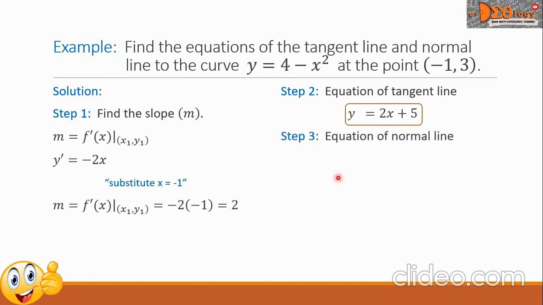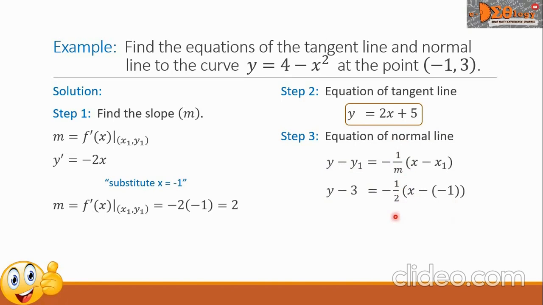Now for step 3, let us find the equation of the normal line. So this is our standard form, and on this part, we are going to write the negative reciprocal of the slope here. Substituting the corresponding values, we have now y minus y sub 1 becomes y minus 3 equals, the slope here now becomes negative 1 over 2 times the quantity x minus negative 1.